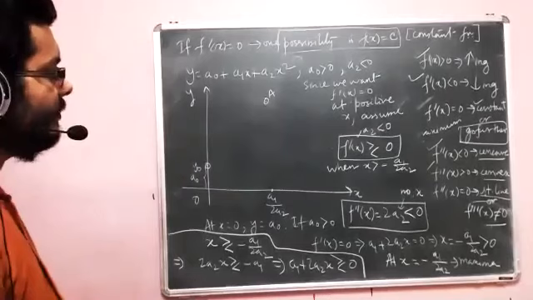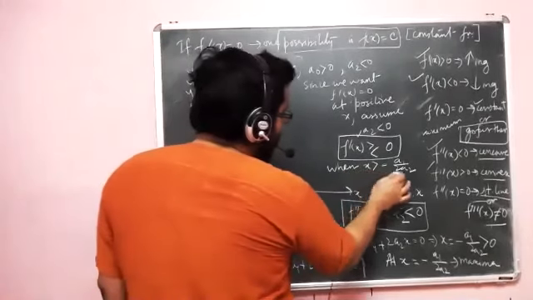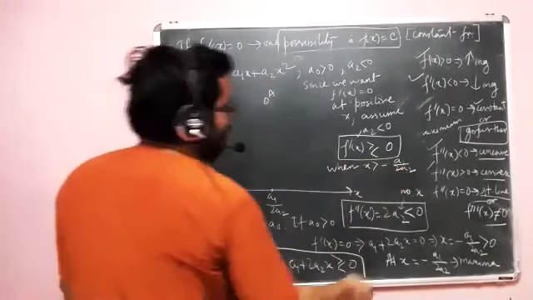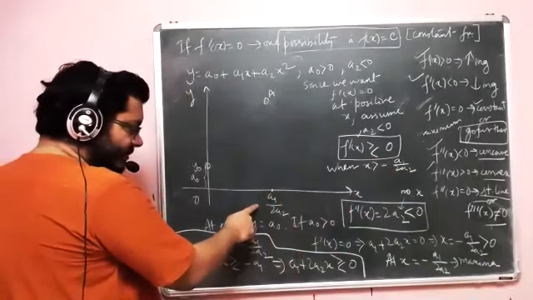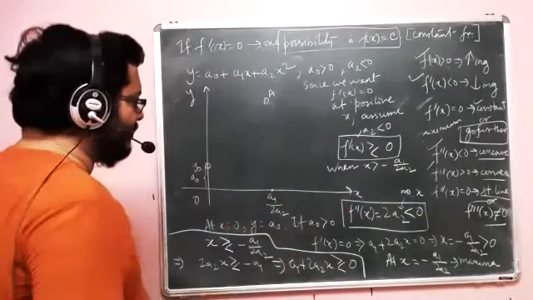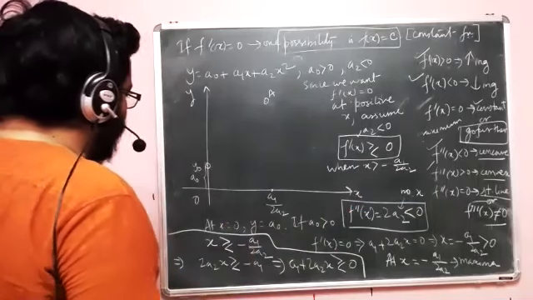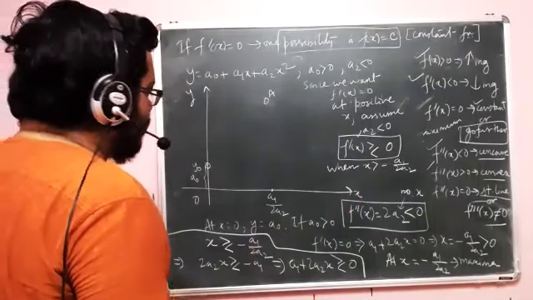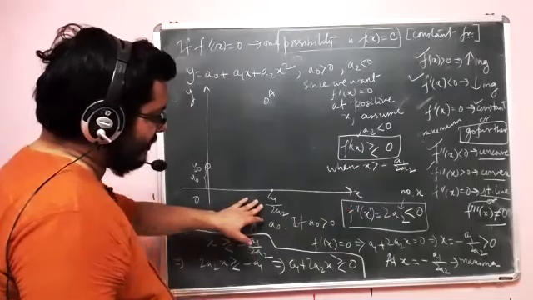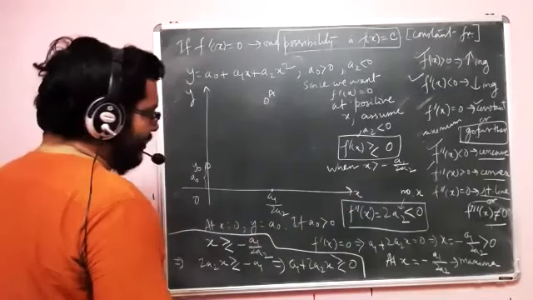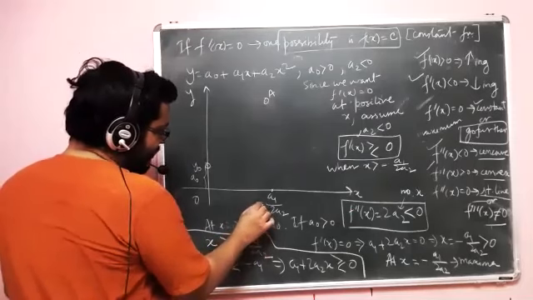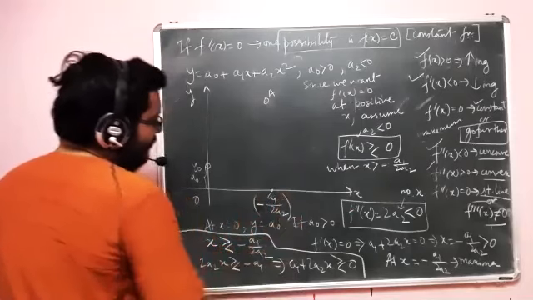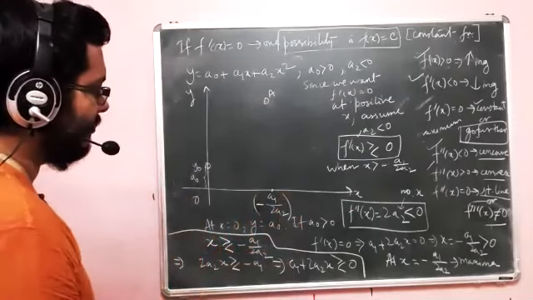So when x is greater than minus a1 by 2a2, remember as I said that this is a positive number. Here we have taken a1 by 2a2 and ignored the sign, so I must write this as minus of a1 by 2a2.